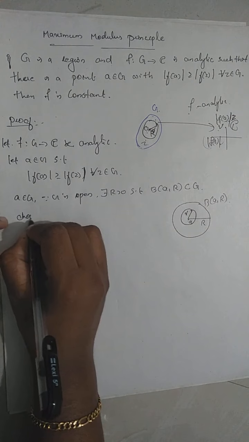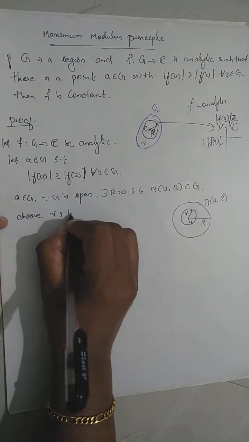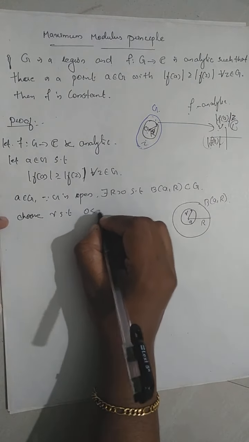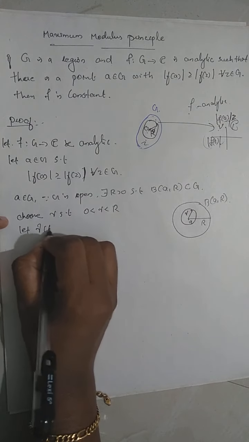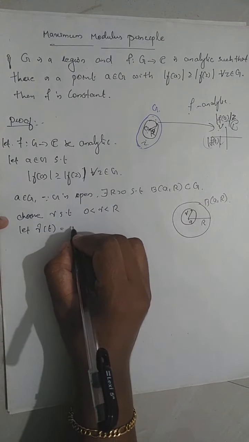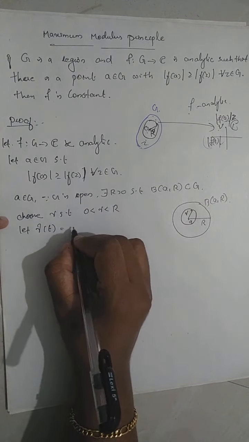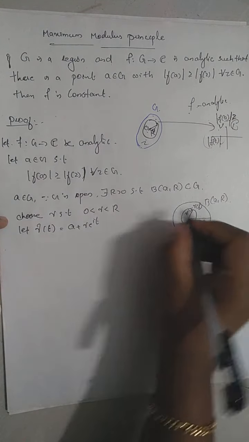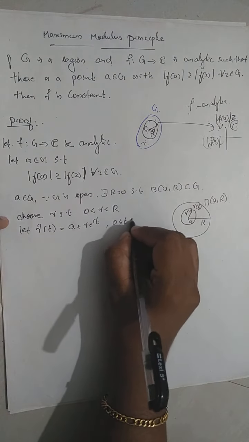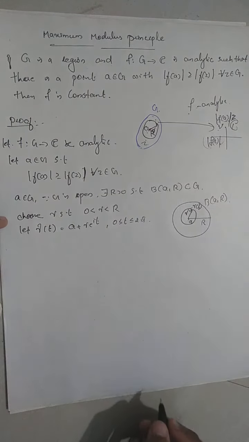Now choose r such that 0 is less than r, which is less than R, and we define gamma of t equal to a plus r e raised to i t, the polar form of the circle, where 0 is less than or equal to t less than or equal to 2 pi.